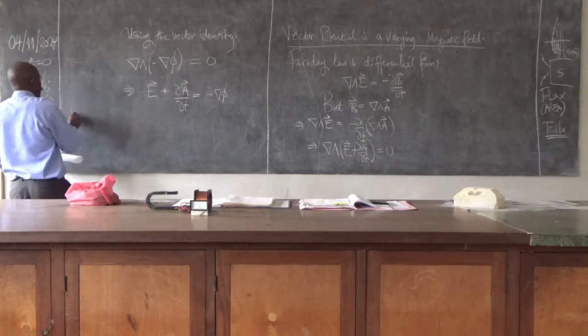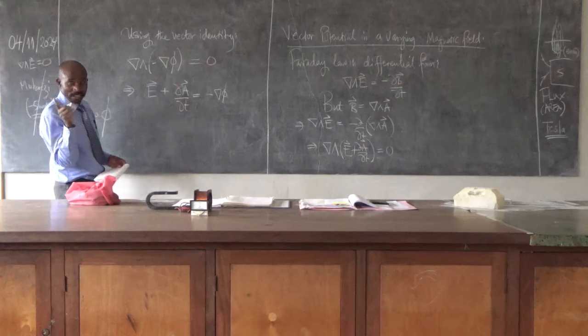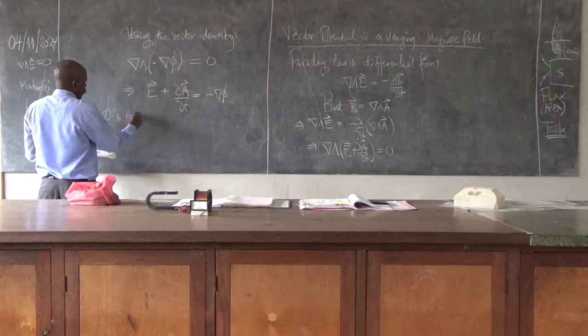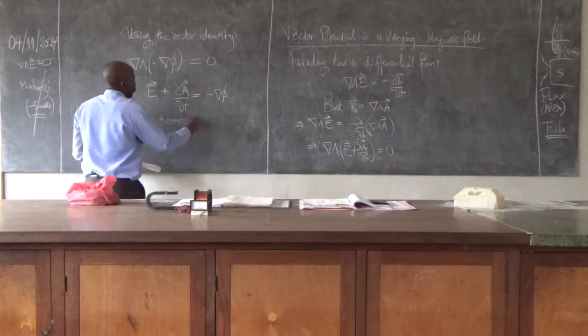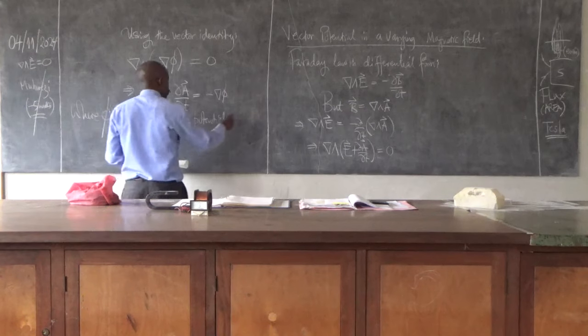And where this phi here is not flux, but is the electrostatic potential, which is scalar.